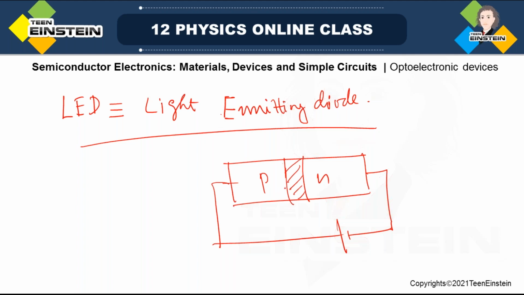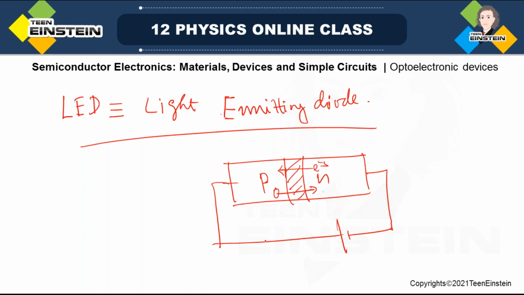So when we bias this PN junction diode in forward bias condition, holes will diffuse this way, and electrons will come this way.